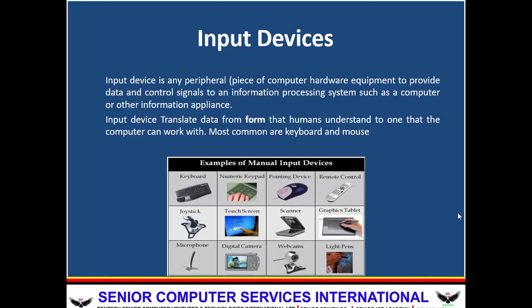That's an input device. So examples of input devices: we have a keyboard, a numeric pad, pointing devices like a mouse, remote control, joystick, touch screens, scanners, graphic tablets, microphones, digital camera, webcams, light pens, and so many others.